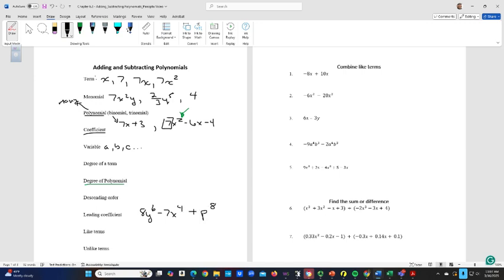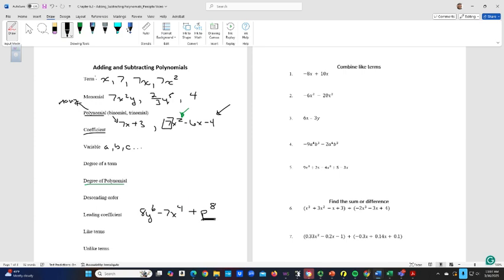The leading coefficient would be 1 because p has the highest power. Like terms is what it sounds like. The terms are alike, everything matches. The variable, the power, the combination of variables or powers, they all have to match. And unlike terms, this trinomial is three unlike terms we could not combine.